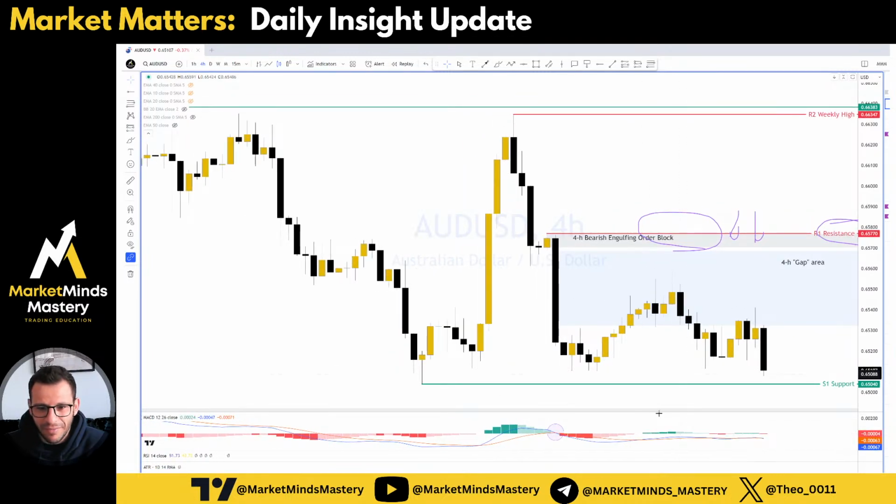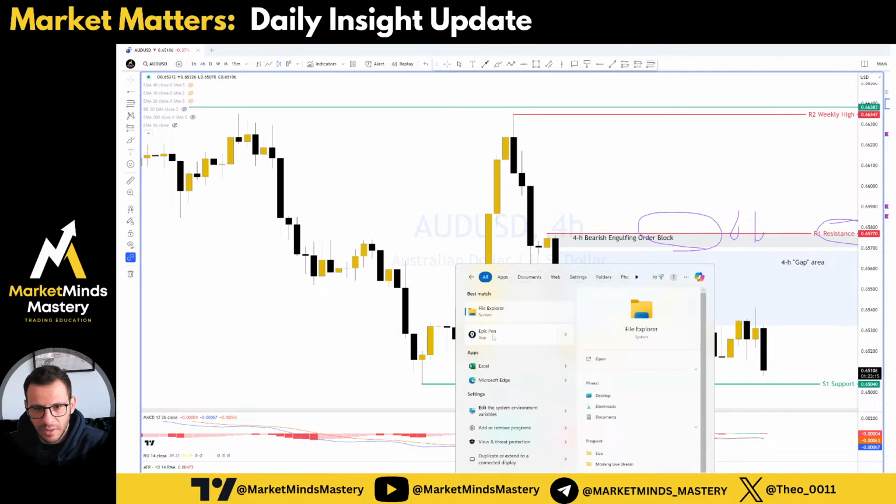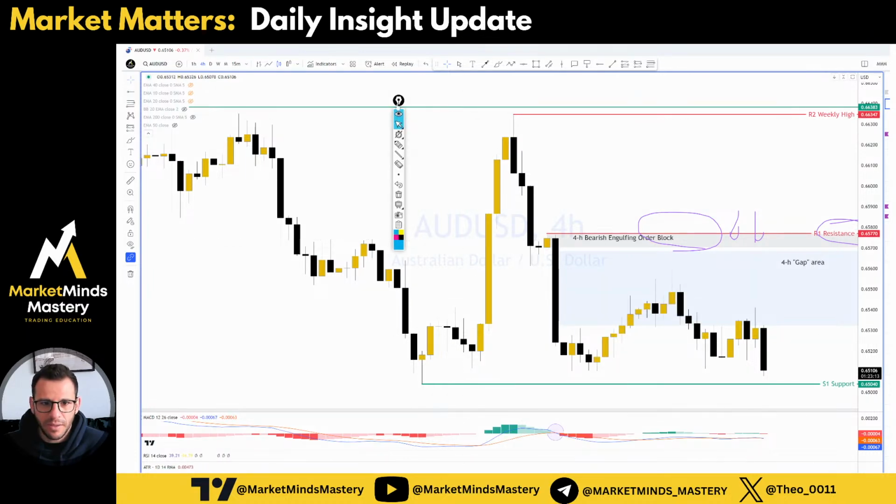Now, what is the significance of this area? Let's use this pen, I think it's easier. First, the traders who use this bullish hammer to buy the market have their stop losses below this area. Those who bought with this bullish engulfing also have their stop losses below this area.